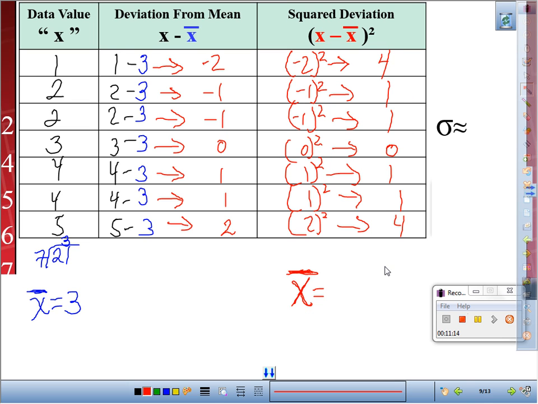4, 1, 1, 0, 1, 1, 4. Let people do the computation, please, and you have your calculators, so do that. What did you get for the mean for this one? Isaac.